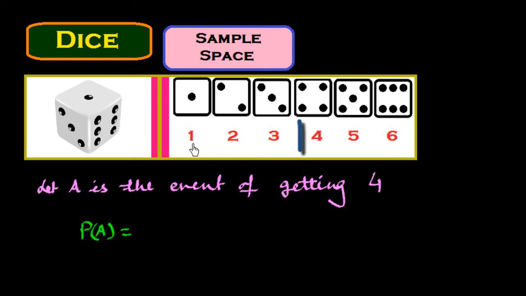How many 4s are there in this sample space? We have only one 4 here, so it would be 1 favorable outcome, and the total number of outcomes is 6, so 1 over 6. It means if you have to find the probability of any number from 1 to 6 on a dice, it would always be 1 over 6.